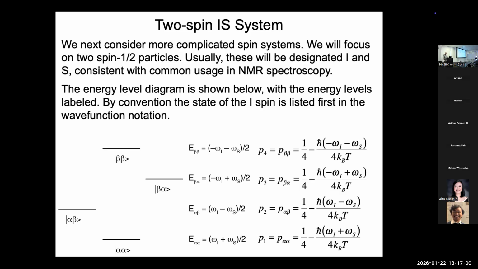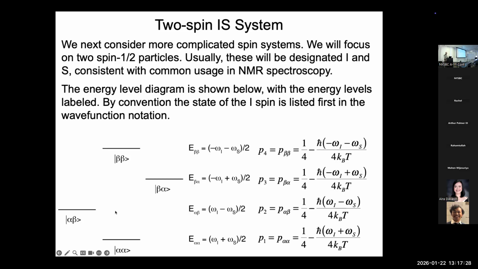So 2 spins, they obviously both can be in alpha state. One can be alpha, the other beta, vice versa, they both can be beta. And the energies are worked out here. And again, we have the Boltzmann equation to give us the populations of the 4 energy levels.